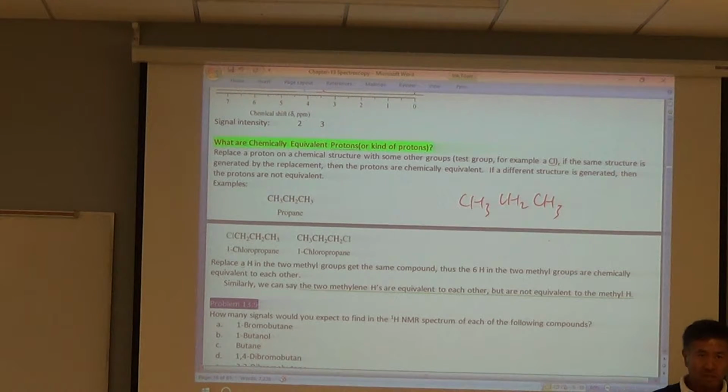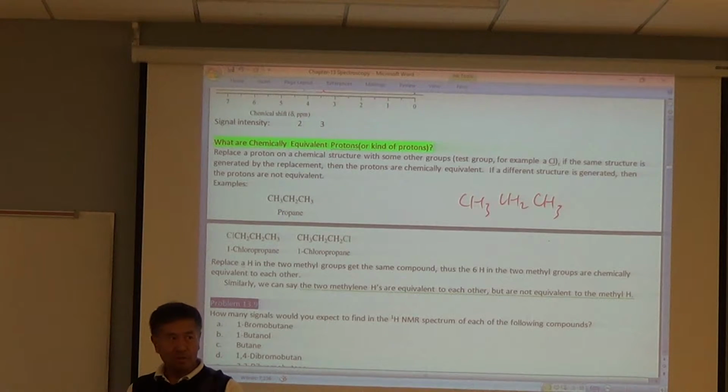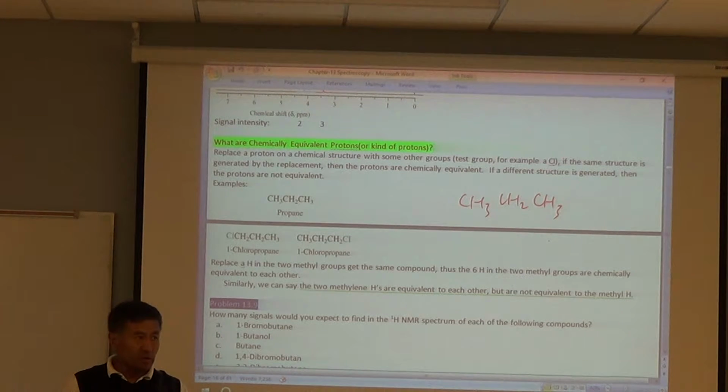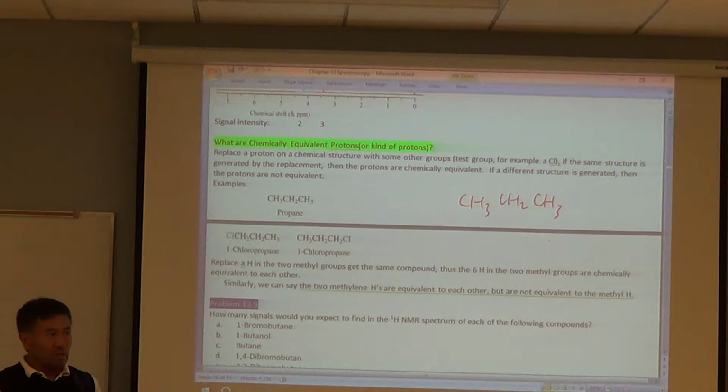Each signal is just a very straight outline. Sometimes you will see so-called doublet, triplet, quartet, and so on. Whether you have a single, double, or triple tells you how many nearby equivalent H you have.